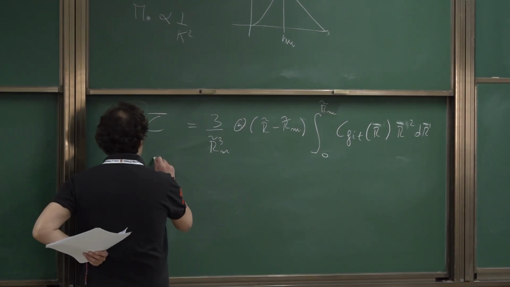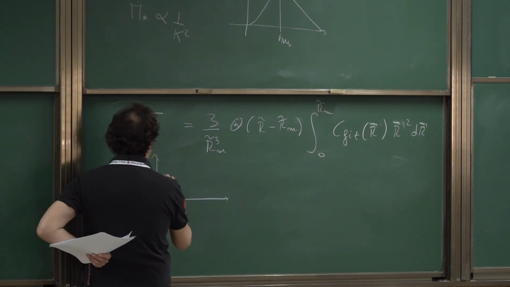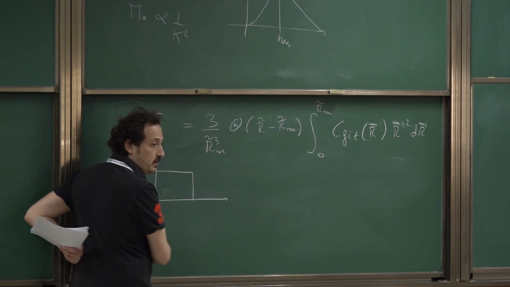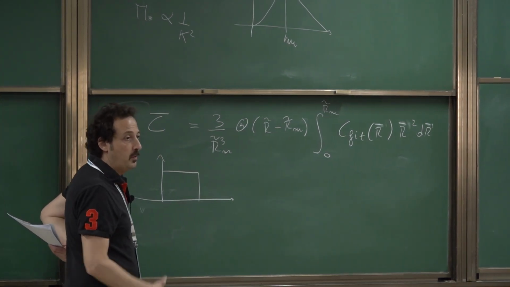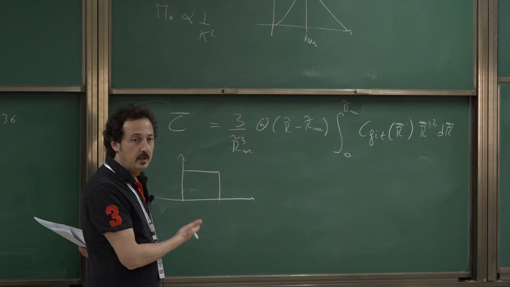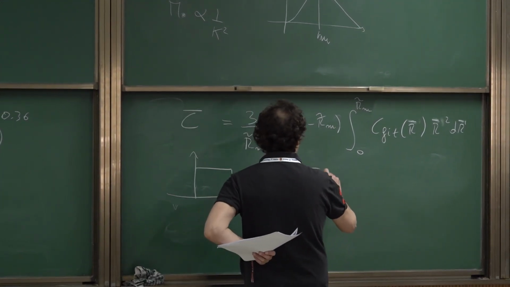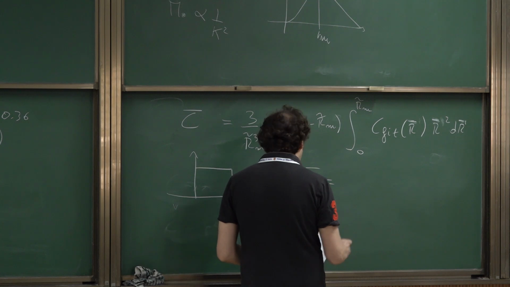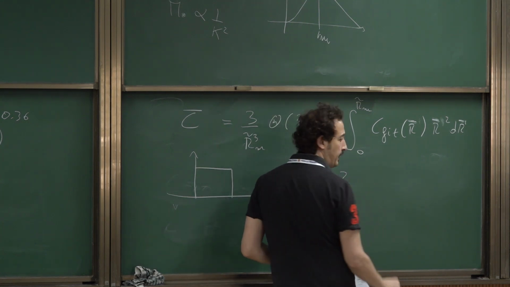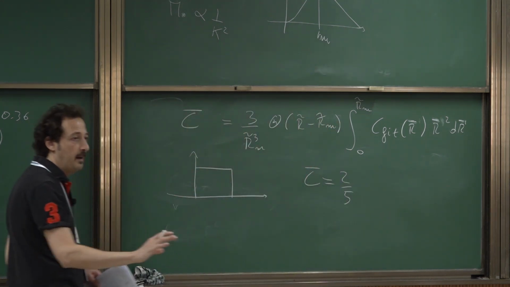Now we need the input of numerical relativity. This is a compaction function that is a theta function. So the question is, what is the threshold for a theta function compaction function? And the threshold for a theta function compaction function is 2 divided by 5. It's a straight number.